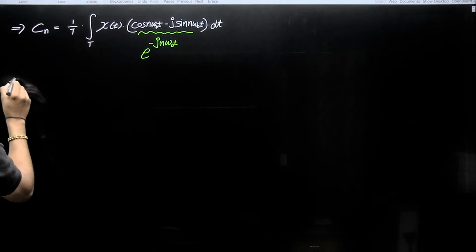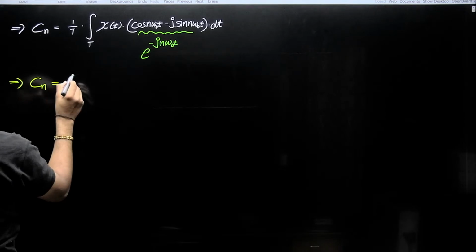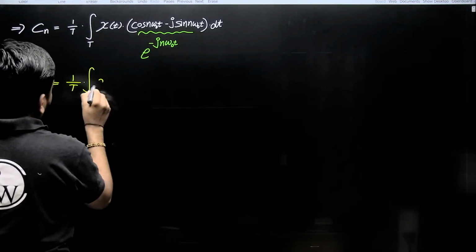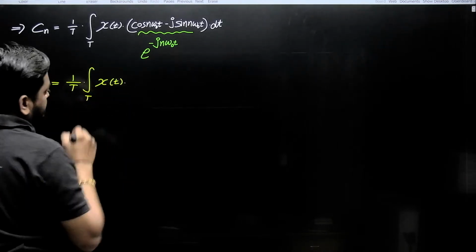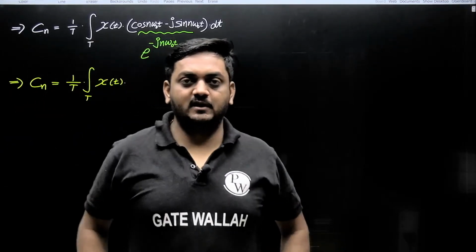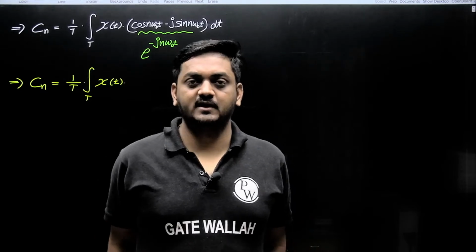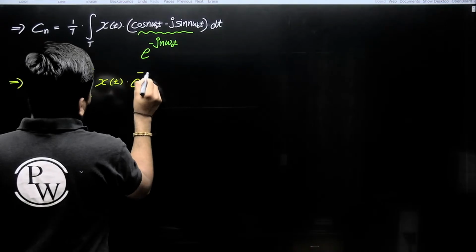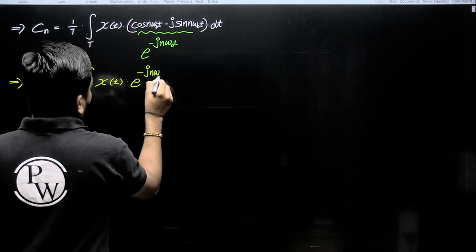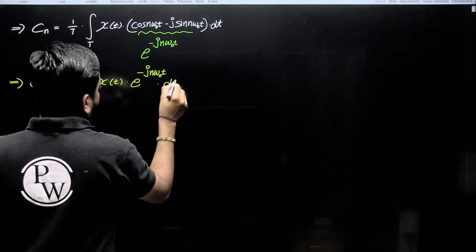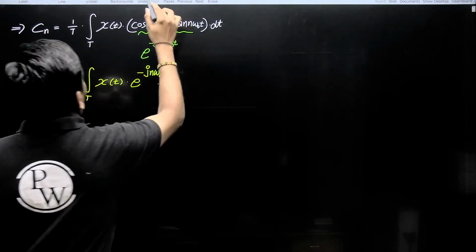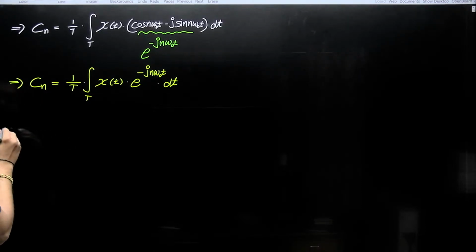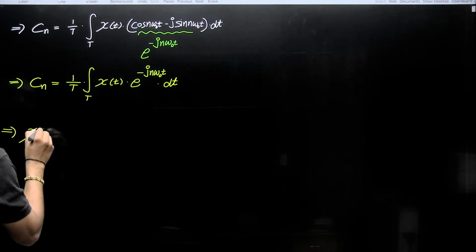Here we got the formula to find c n. x of t is given. We have the periodic signal x of t, and we want to find c n, the formula to calculate c n. And if c n is given, we want to calculate x of t.